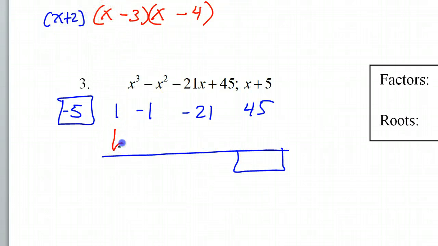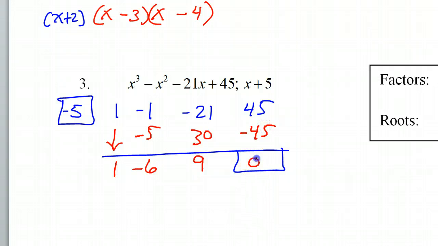Okay, bring down the 1. So 1 times negative 5, add them up, multiply. So that'll be 9, multiply, that's negative 45, and I get 0. Turning this back into a polynomial, I have x squared minus 6x plus 9.